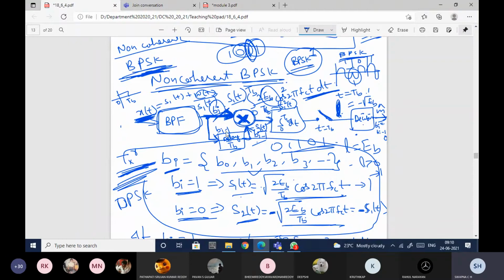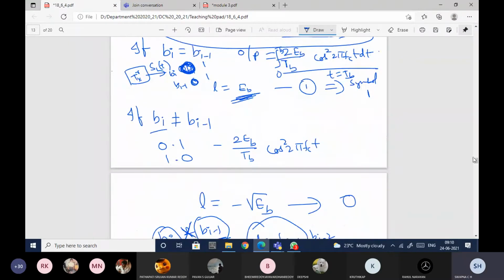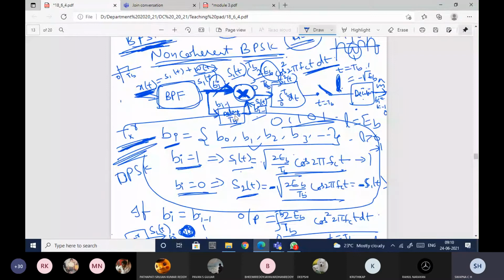So what happens, Bi and Bi minus 1. If Bi and Bi minus 1 are both the same, say this is 0 and this is 0, then s1 of t multiplied with s1 of t will be equal to s1 square of t. That you're integrating, and after integrating, you're sampling it.